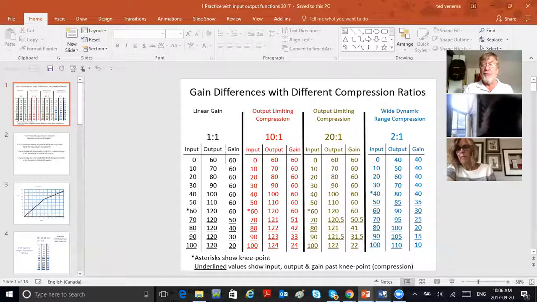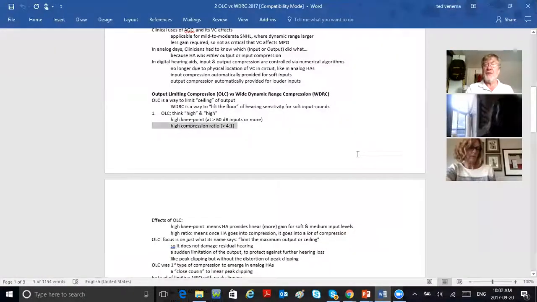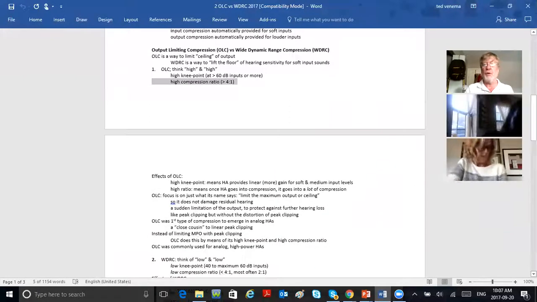Okay, back to our notes. Basically, you can read the notes, but essentially, they're all what we talked about just now. Effective OLC. Go with me right where I'm highlighting it here. High knee point means the hearing aid provides linear gain for soft and medium inputs.